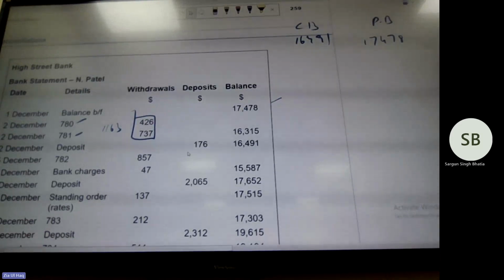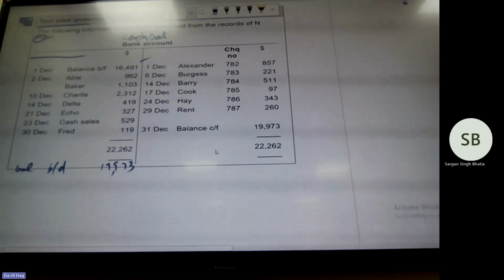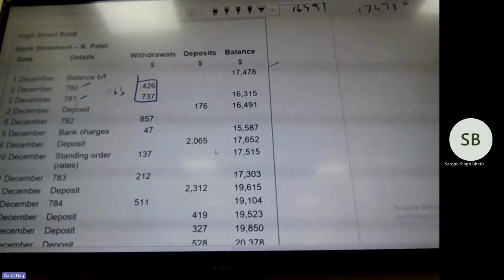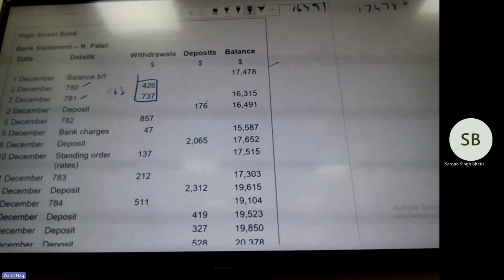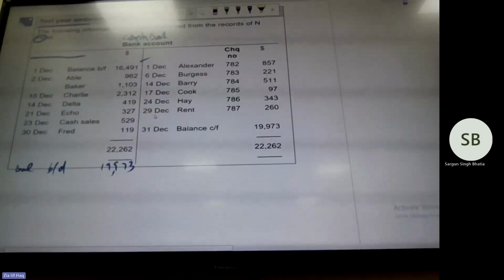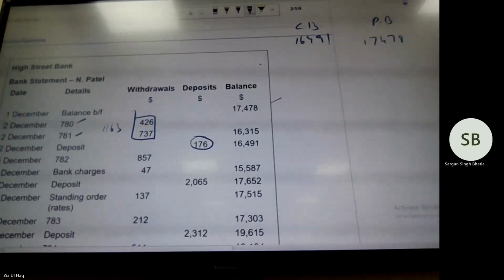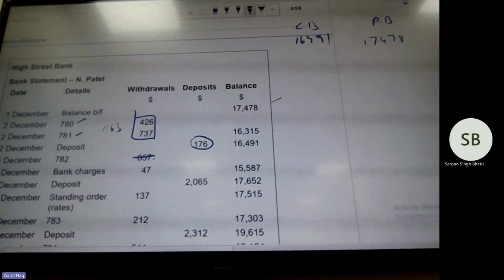Okay, deposit of 176. Is there any amount of 176 deposit? No, sir. This also relates to 2nd December. And then on 5th December, 857 withdrawal. Yes, it's there. This means this tallies.